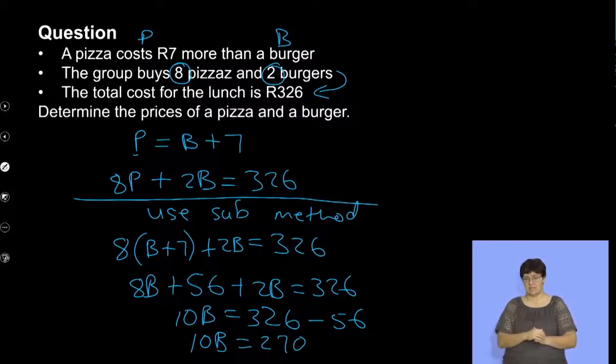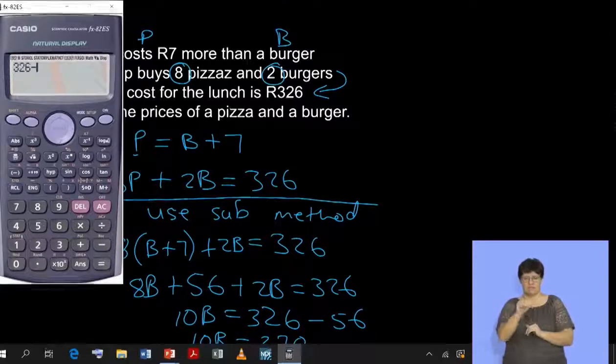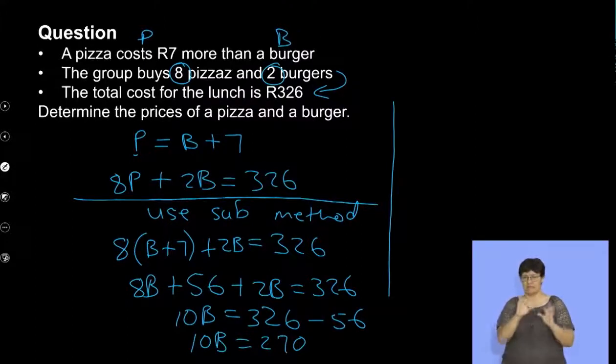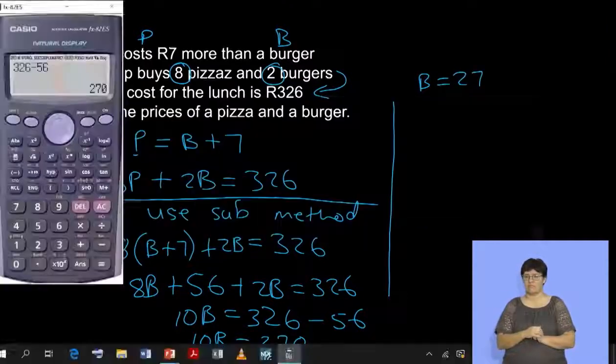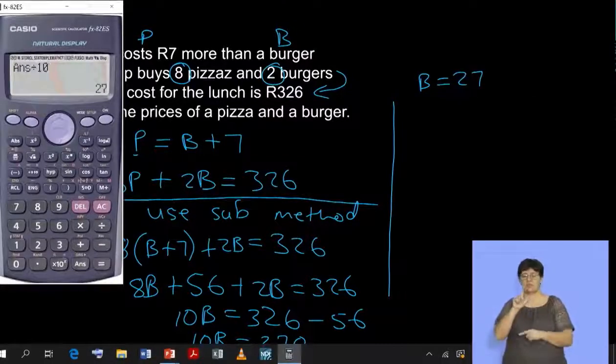270. But just for us to be sure, I will press it quickly for you. 326 minus 56 is 270, yes. Then to solve for B, I will divide both sides by 10. So I will have B equals 27. 270 divided by 10 is definitely 27.